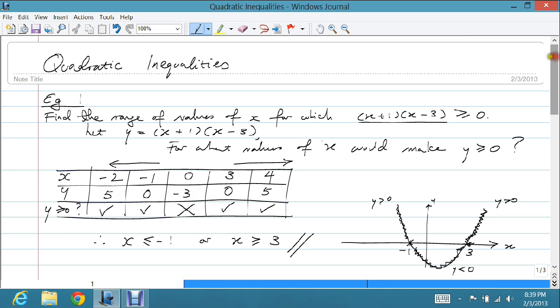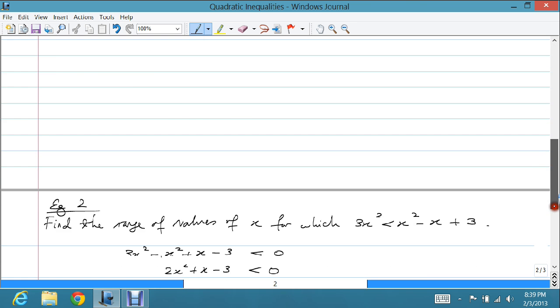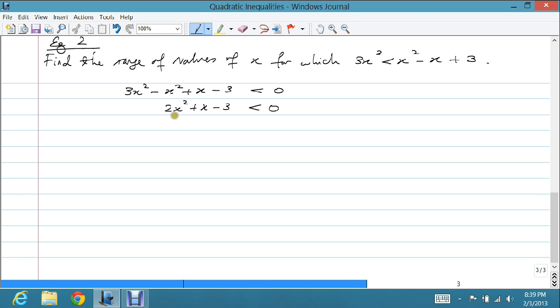In the first example, we already had the factors of the quadratic expression. So what we're going to do now is to try to factorize the left hand side. We could simply do this using the cross method. I'm going to break 2x squared into 2x and x, and 3 into 3 and negative 1. So 3 plus negative 2x gives me x.